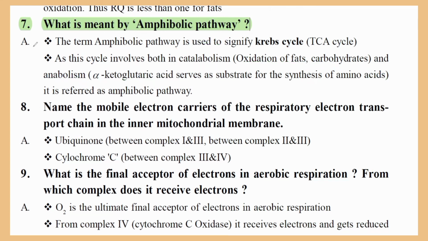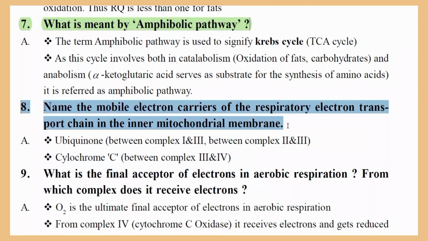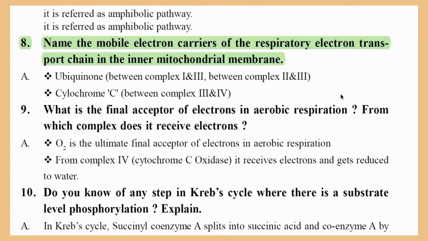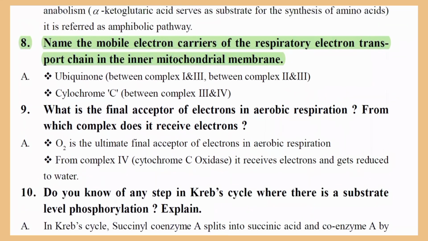Next, eighth one. Name the mobile electron carriers of the respiratory electron transport chain in the inner mitochondrial membrane.